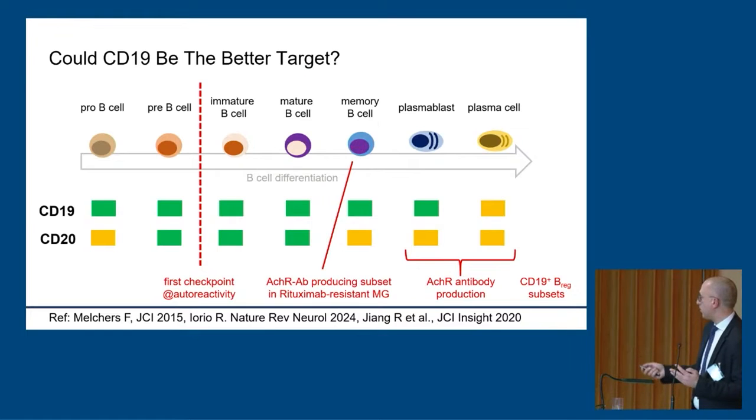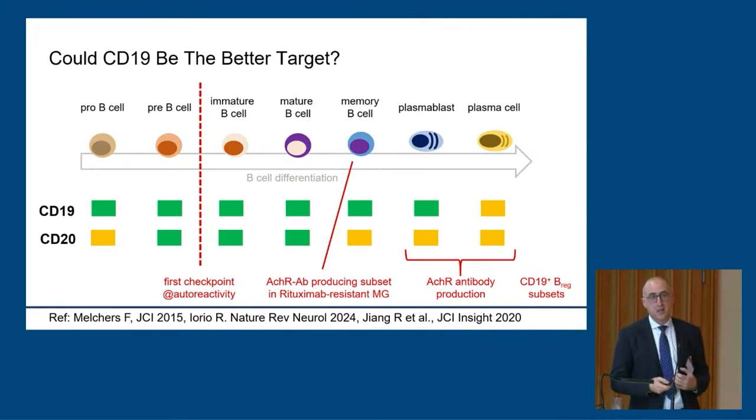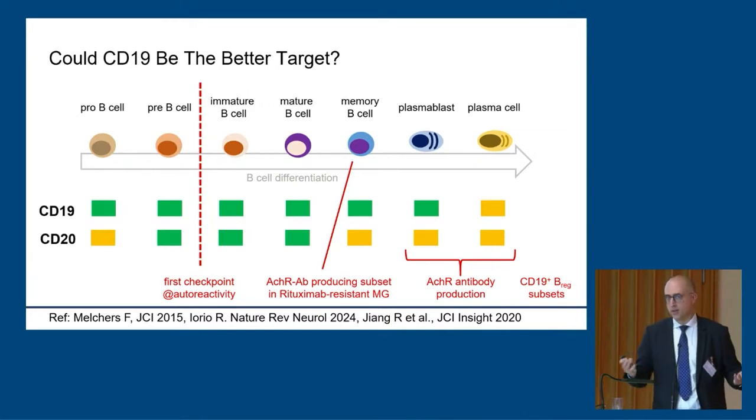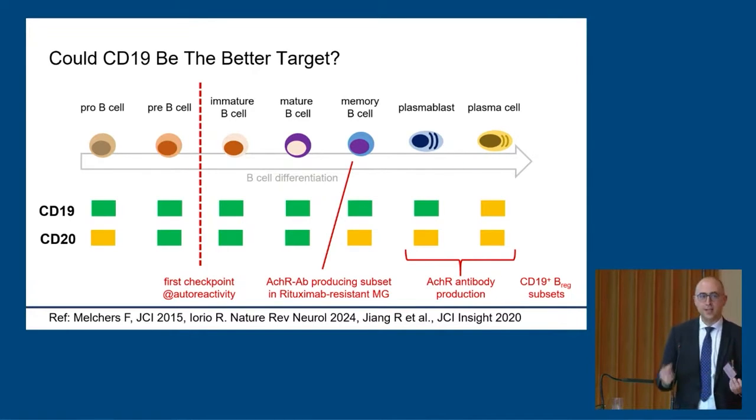And then, of course, as you've heard, plasmablasts and plasma cells are the population to go after if you want to get rid of antibody-producing cells. And there might be some advantages, or not, this is something we have to figure out, to spare the plasma cells in case they are not the ones that cause the disease, right? Because by doing so, you might be able to maintain your vaccine titers, for example.